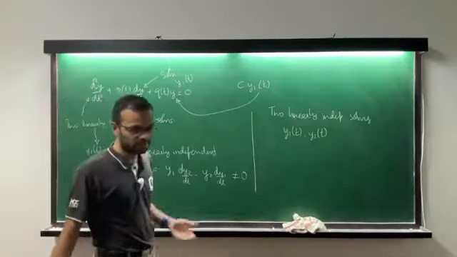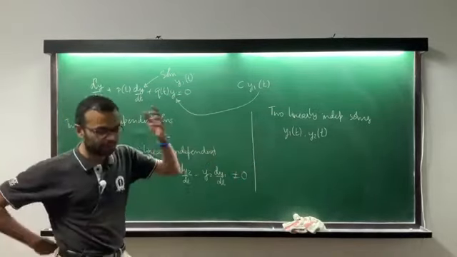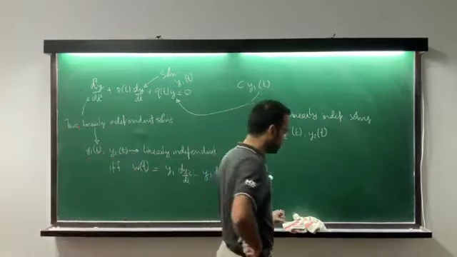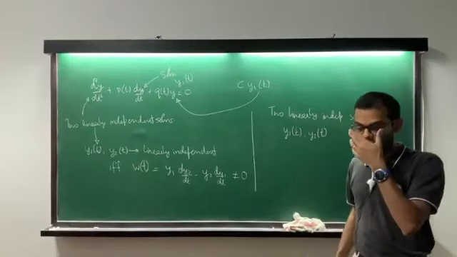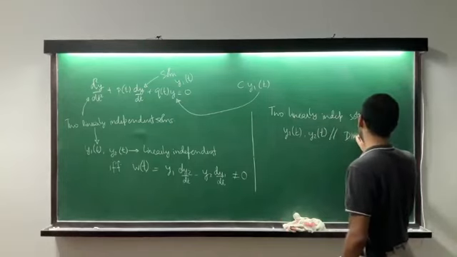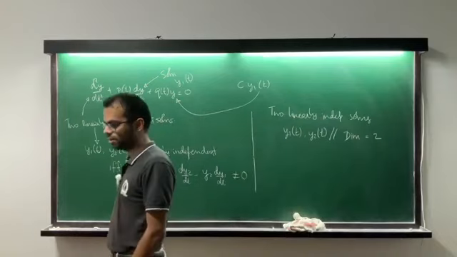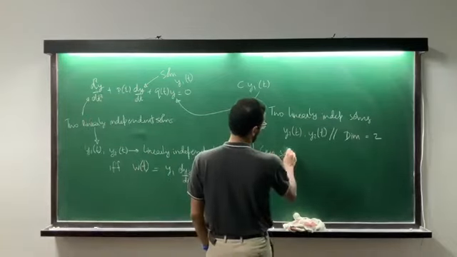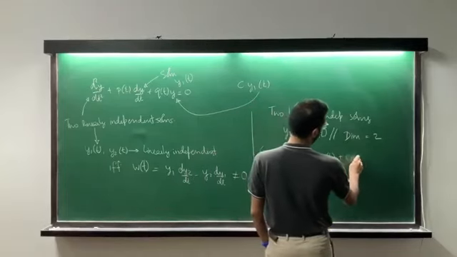If the dimension of the vector space is 2, then you can use any two linearly independent vectors as a basis for any element or any vector in that vector space. You've studied this in the linear algebra part. So the dimensionality here is 2, and you have two linearly independent functions, in which case you can write a general solution as c1y1 plus c2y2.